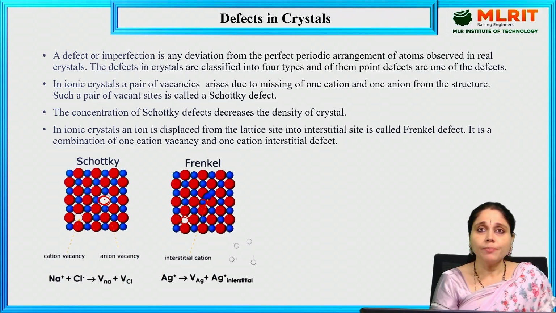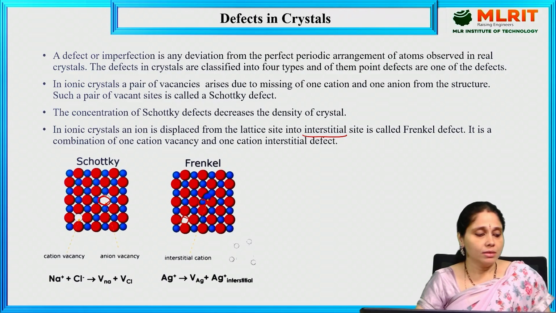In ionic crystals, an ion is displaced from the lattice site into an interstitial site, which is called a Frenkel defect. Interstitial site means within the crystal itself. It is a combination of one cation vacancy and one cation interstitial defect. Okay.